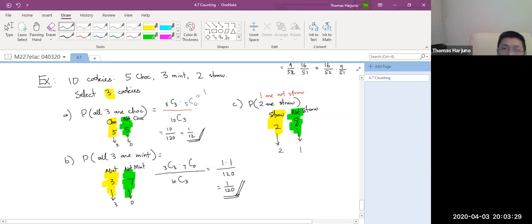We are selecting 3 items. Now the notation will be 2 choose 2 times 8 choose 1 over 10 choose 3. That will be 1 times 8 over 120. It's 1 over 15, I believe.